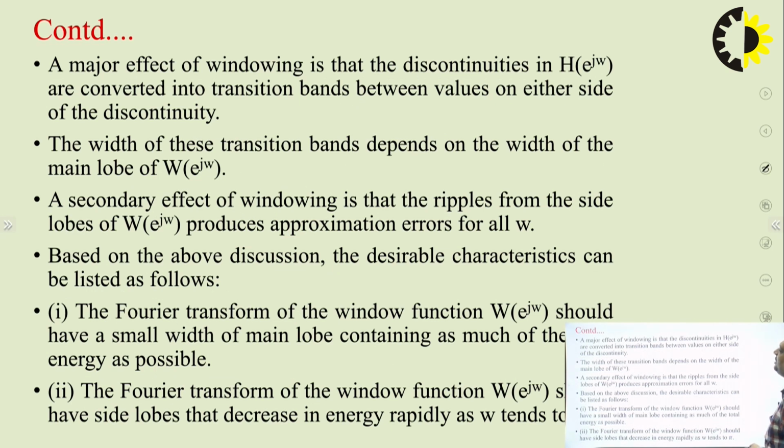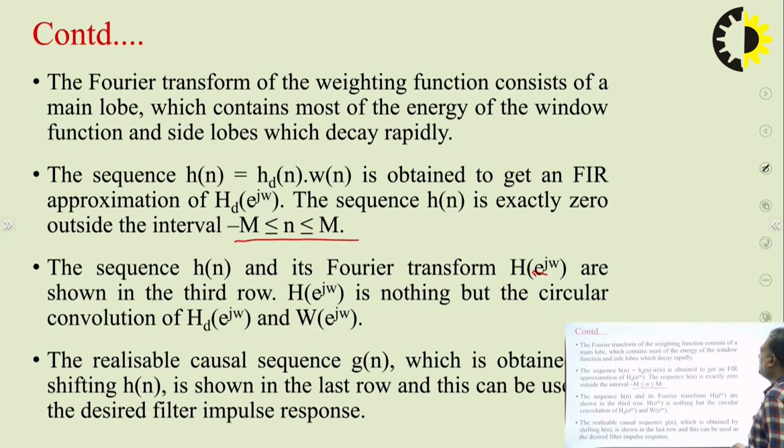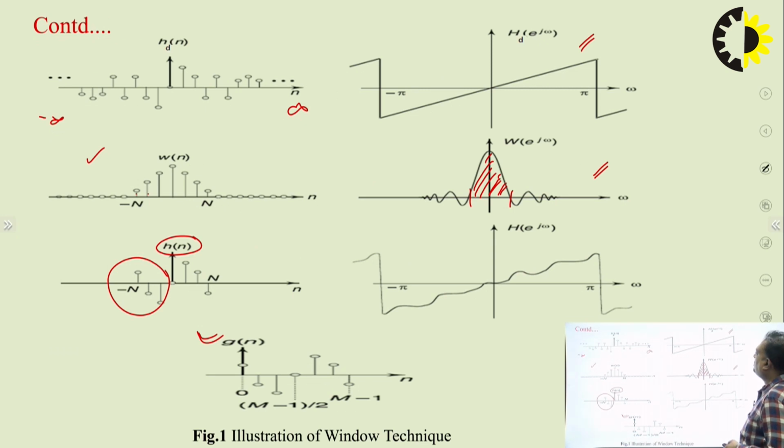Now, a major effect of windowing is that the discontinuities in H(e^jω) are converted into transition bands between the values on either side of the discontinuity. So you can see what happened when we choose a particular type of window function. In that case, we have these side lobes according to the shape of the window function. If the window function chosen is of rectangular shape, it will abruptly truncate this infinite duration impulse response.